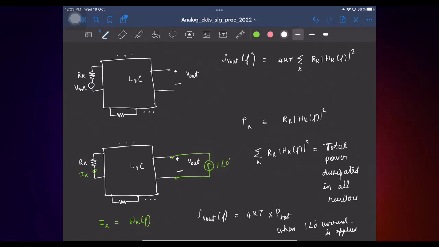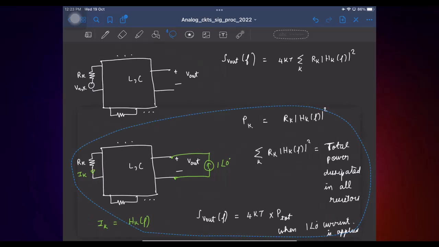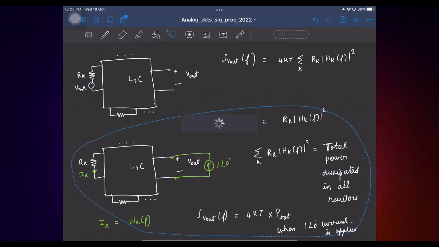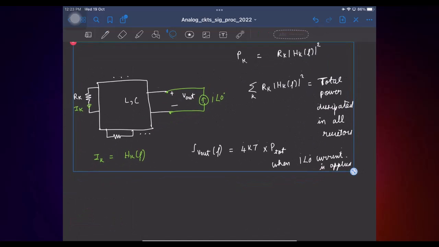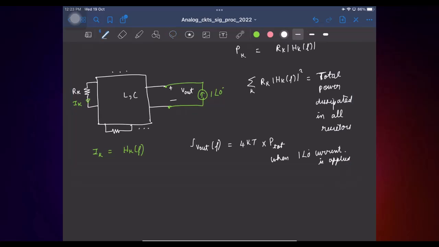So now we know that this network here contains only R, L and C's, and here I have applied a current 1 angle 0.